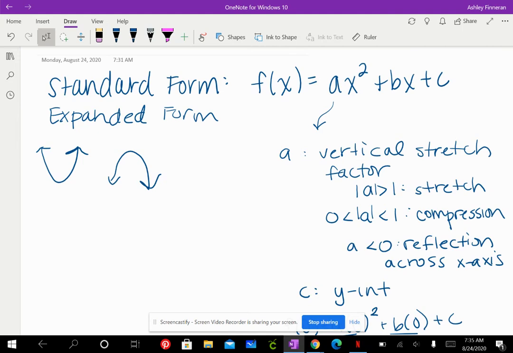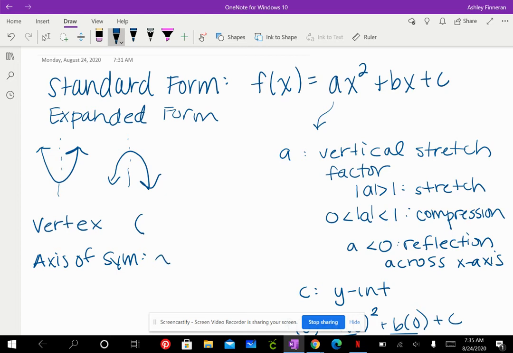Some other things that are important to be able to find are your vertex. And your vertex, remember, the x value comes from the axis of symmetry. Now, one of the cool things about parabolas is it's symmetric with respect to a line, and it's the vertical line that passes through the vertex.